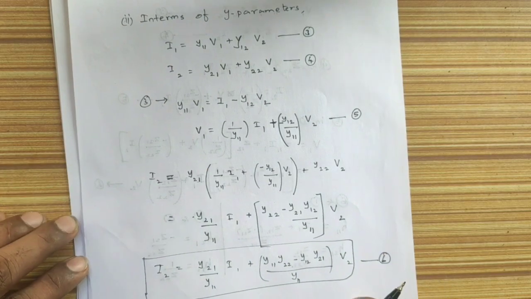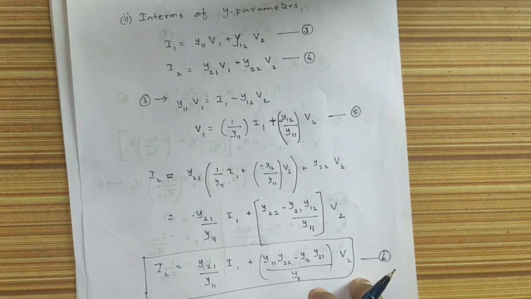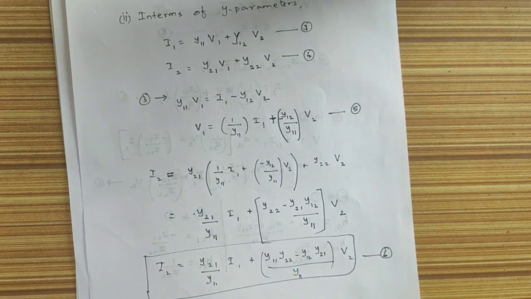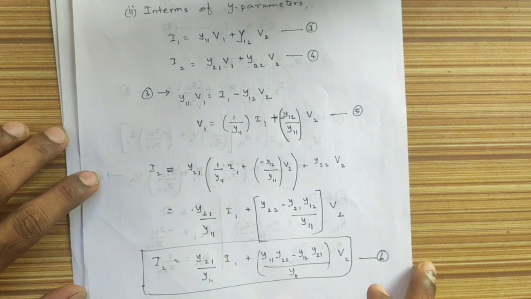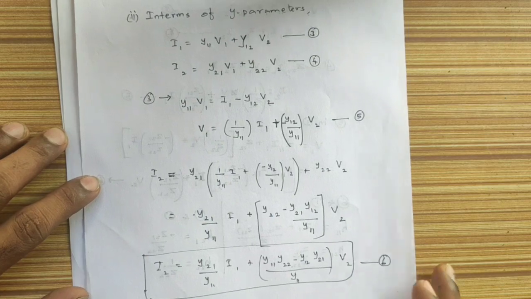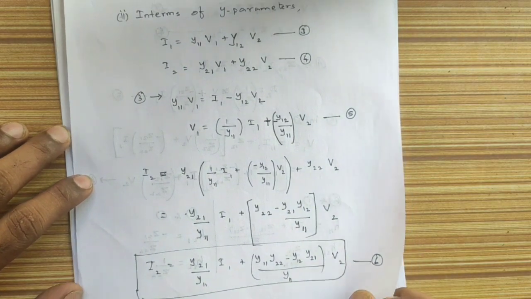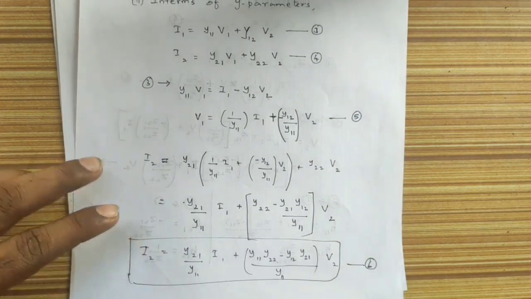Now as usual, if you are comparing equation number 6 with equation number 1 and equation number 5 with equation number 2, you will get the coefficients of Y parameters: Y11, Y12, Y21, Y22.